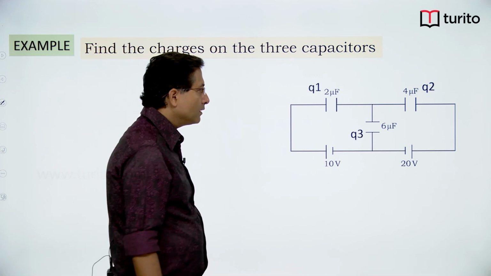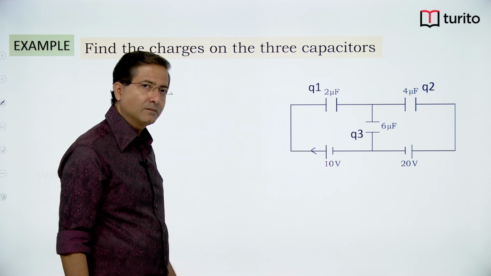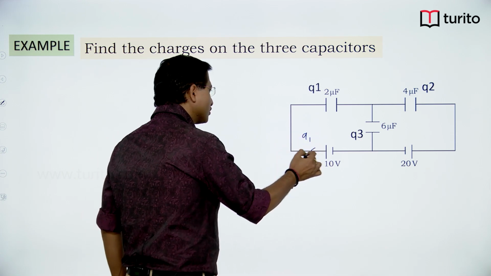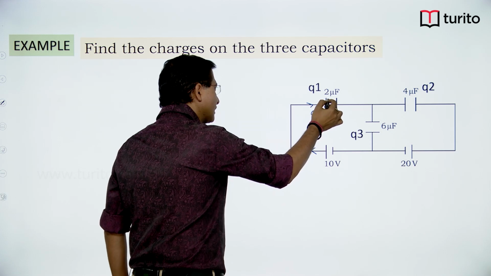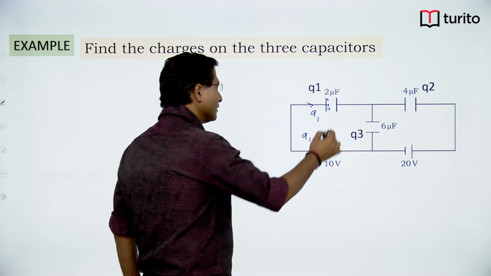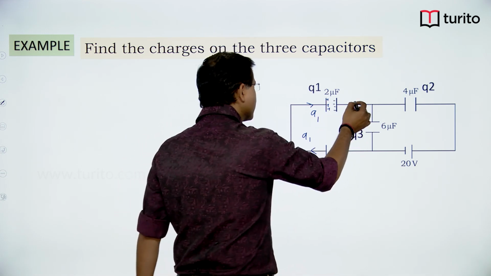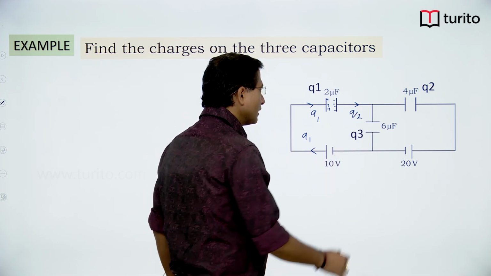Now, if I assume charge is flowing this way, Q1 on this capacitor charge appears as Q1 and here it will be minus, and then this is Q2.